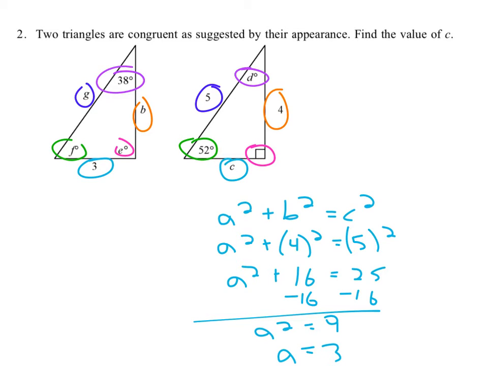D is equal to 38 because of that. Okay? So this is the way that we can know straight away that C is equal to 3 because the corresponding parts must be congruent.